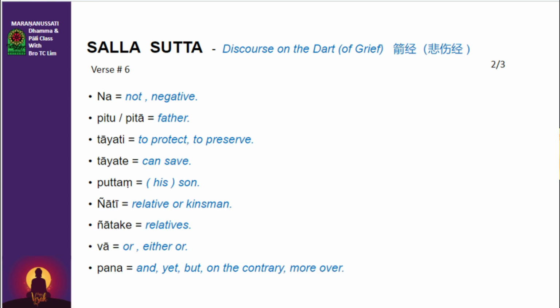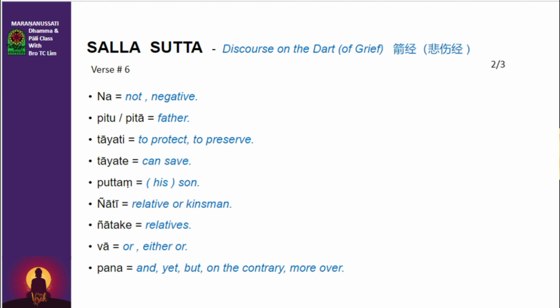So the next part is na, the same negative. Pitu or pita, father. Tayati means to protect. Tayate means can save. Putang means son, his son. Nyati, remember? Relative or kinsman. Nyatake, relatives. Va means or, either of.